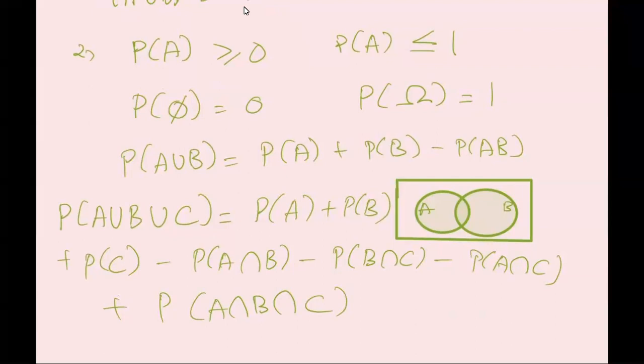And this pattern can be generalized for any number of sets. Even if you have 4 sets, like A union B union C union D, then for the part that has an odd number of sets, like 1 or 3, you have plus. And for the part that has an even number of intersections between sets, like 2 or 4, you put a minus before it.